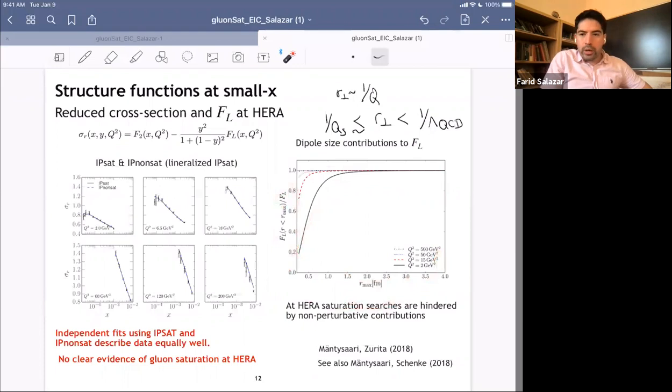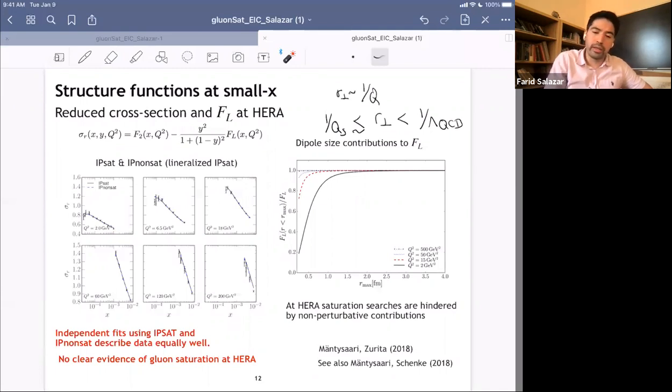A way to go around this is to study charm structure functions, because the mass of the charm will provide a scale which suppresses these large dipoles. But I think at HERA, and correct me if I'm wrong, the data for charm is not that great.